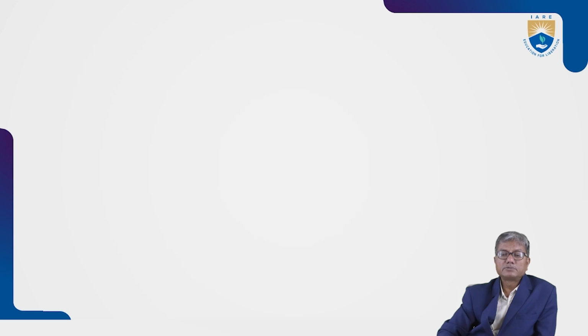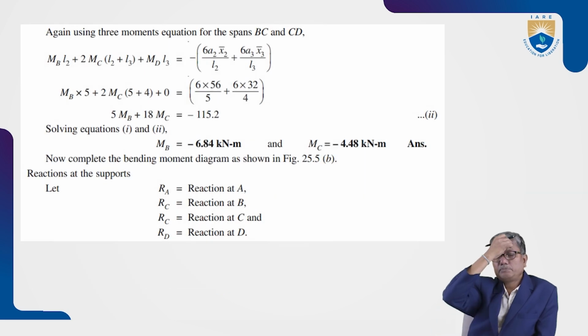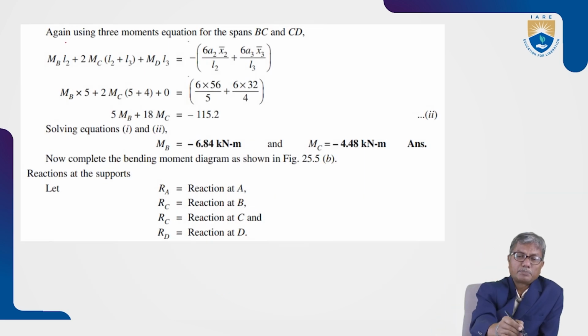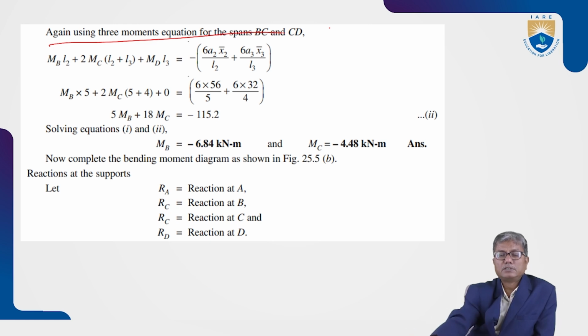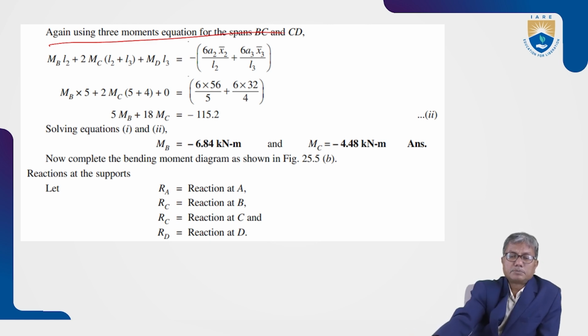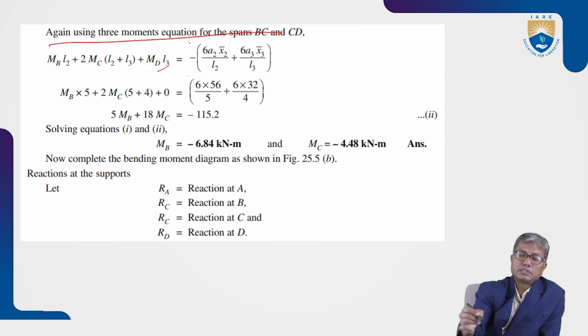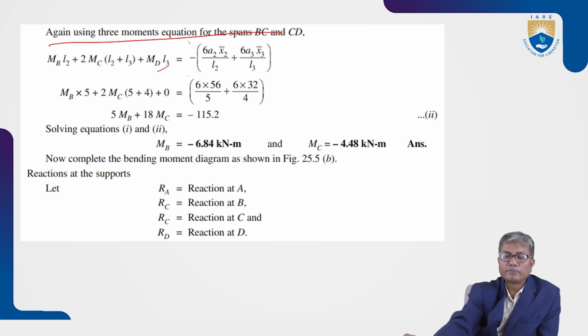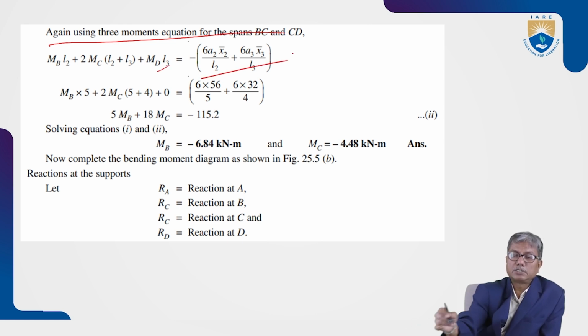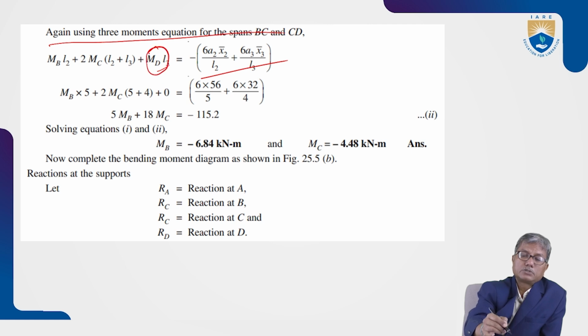Now apply the theorem for BC and CD. MB L2 plus 2MC L2 plus L3 plus MD L3 equal to minus of 6A2 x2 bar by L2 plus 6A3 x3 bar by L3. Here MD is 0, so the last term becomes 0.